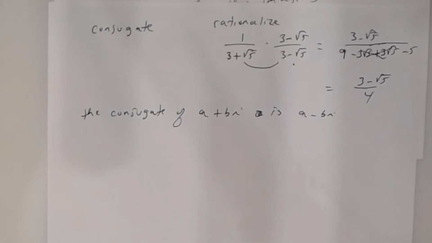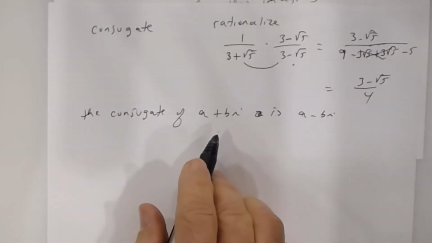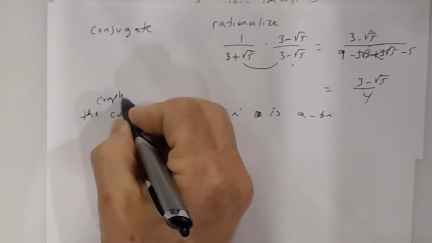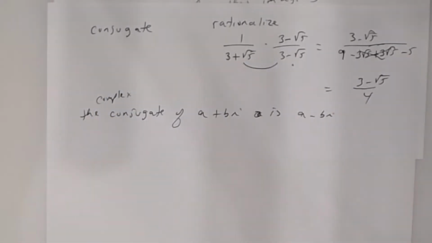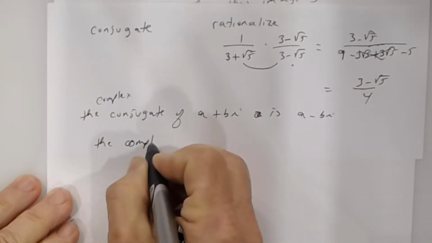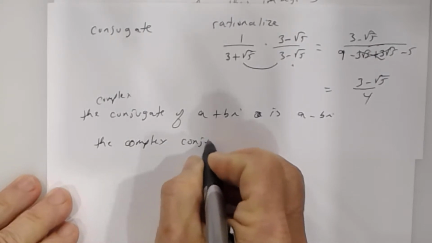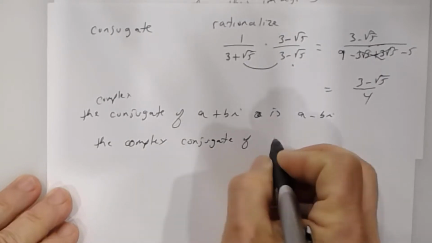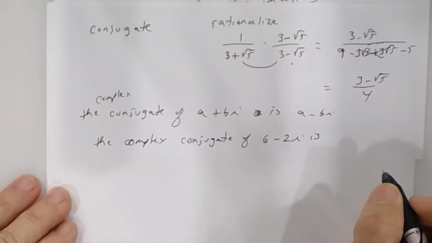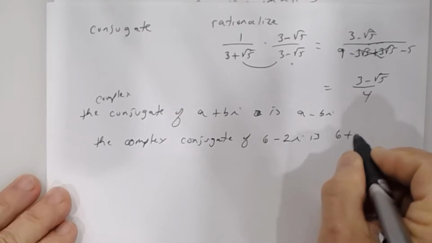Okay, but this is a complex number, though, right? So your book's going to use the phrase, the complex conjugate. The complex conjugate of A plus Bi is what? A minus Bi. So, the complex conjugate of 6 minus 2i is what? 6 plus 2i.